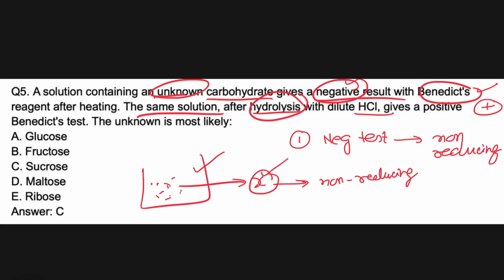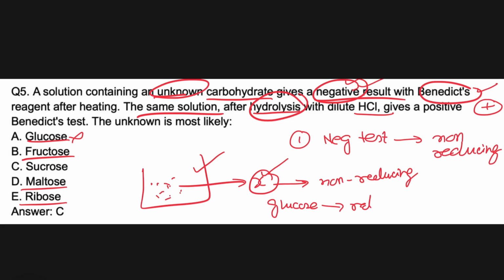For example, if it was glucose, then it's a monosaccharide. It's already a reducing sugar. Fine, so it's not going to give you a negative Benedict test at first, so it's not going to be the right option. Same goes for fructose, maltose, ribose. These are all reducing sugars. They cannot give you a negative test.